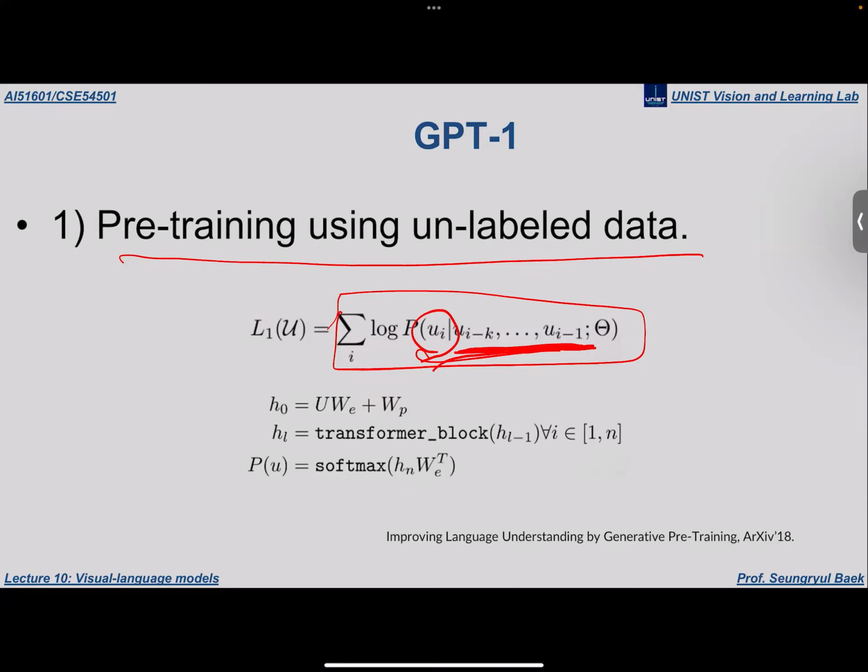Given a sentence, we can mask some word in the sentence, and then enforce the transformer architecture to estimate that word, and we can apply some loss for estimating that masked word. This is self-supervision, and we can enforce losses using unlabeled data. So they first collect a lot of data, and for this unlabeled data, they do this kind of self-supervised learning.